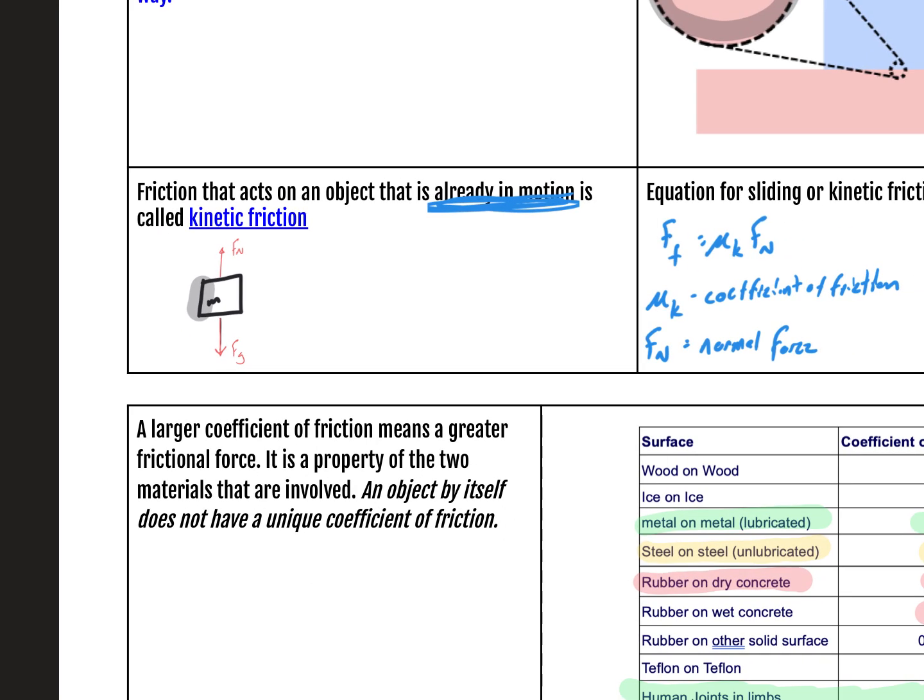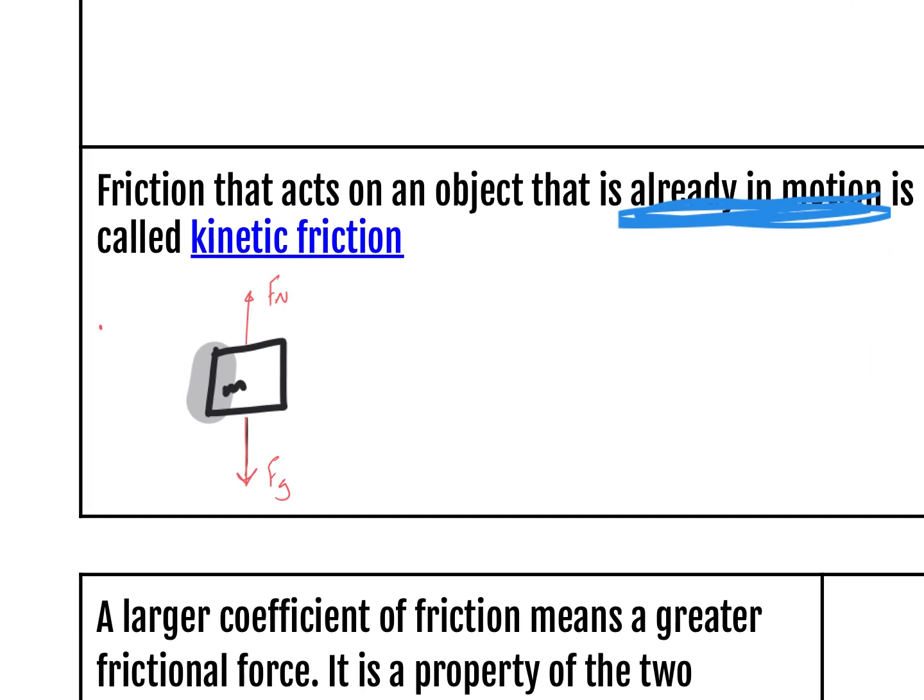So when I'm thinking about this, if I increase the mass, I increase the weight of the object, which means this also increases. If I follow my formula, friction force is mu times the normal force. If my normal force goes up, that means my friction force goes up. I haven't changed mu. I didn't change what surfaces are involved here.